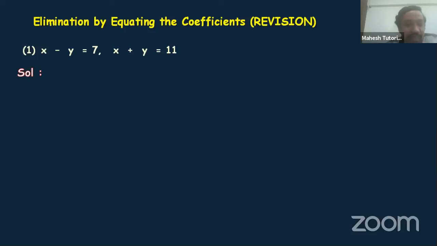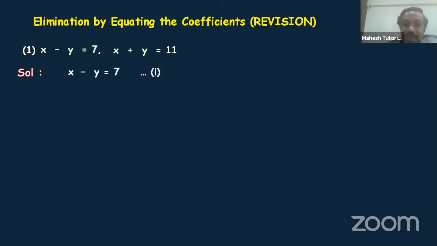Let us check. Everyone look at the first equation. x minus y is equal to 7. Now, students, tell me whether this equation is present in its basic form. Yes, because the alphabets are on the left hand side and the constant is on the right hand side. Now, since this equation is in its basic form, I'll number this equation as equation number 1.